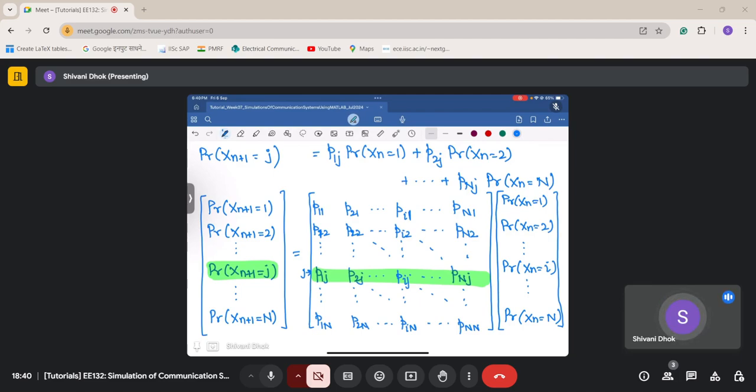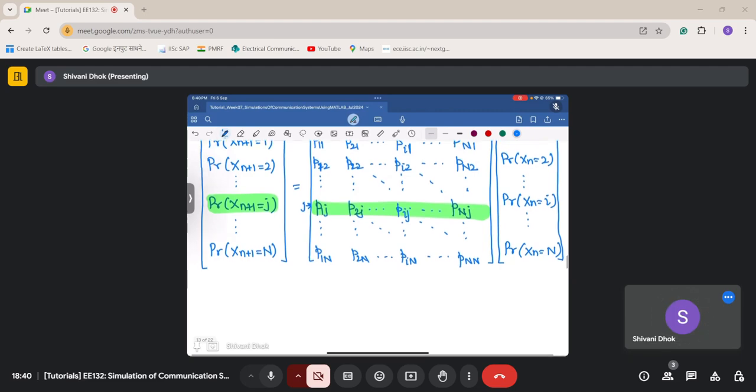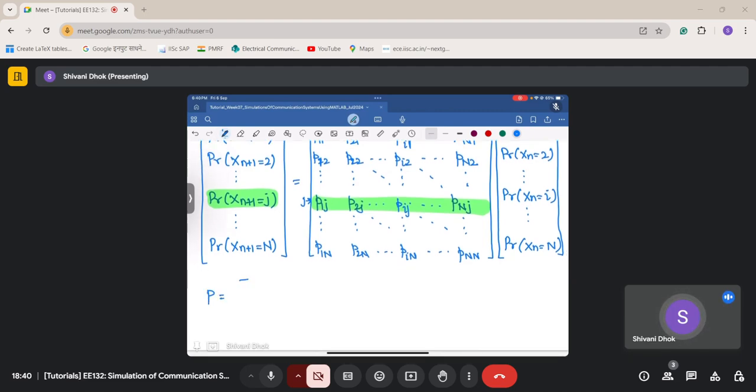Now if you observe carefully, my probability transition matrix was something like this: p11, p12, and so on till p1n, then p21, p22, and so on till p2n, and so on till pn1, pn2, and so on till pnn. This is our probability transition matrix.